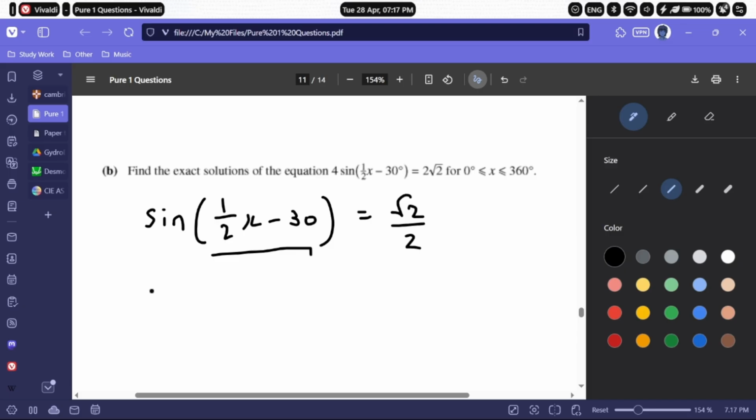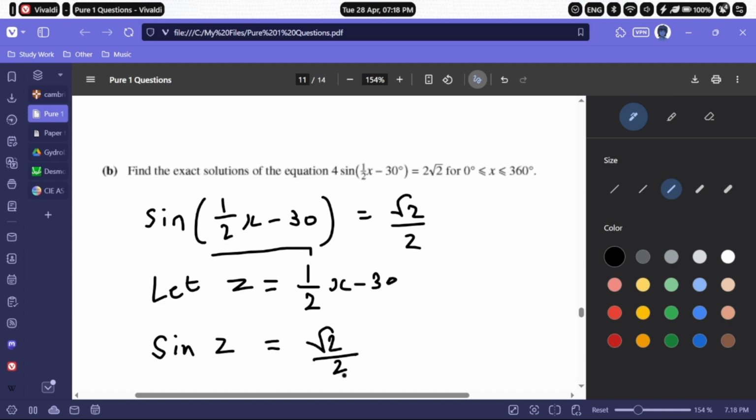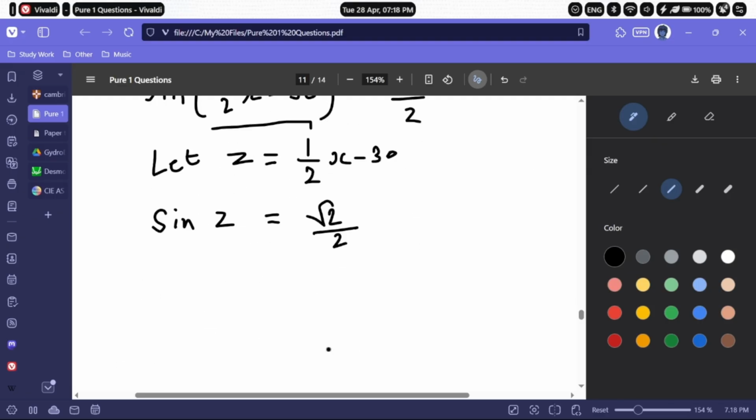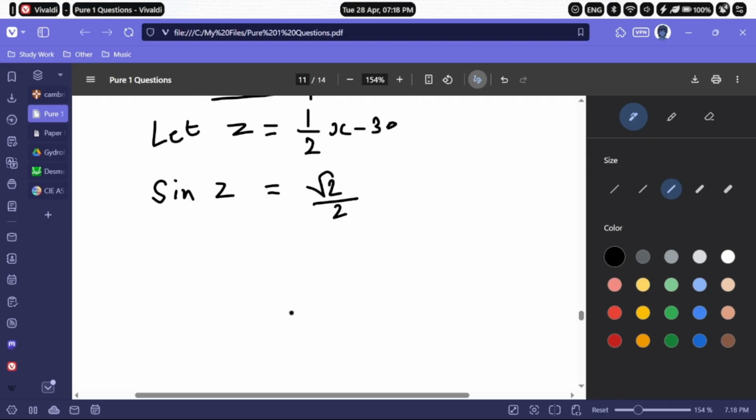So I start by doing, let z equal to 1 over 2 x minus 30. So you get sine z is root 2 by 2.